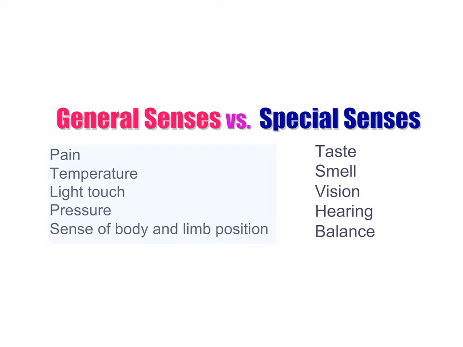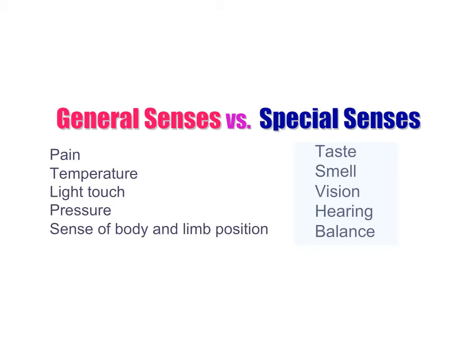General senses are spread out fairly evenly all over the body. For example, pain, temperature, touch, pressure, and also proprioception are spread out all throughout the body. On the other hand, the special senses are located exclusively in the head, and this includes the sense of taste, smell, vision, hearing, and also balance.